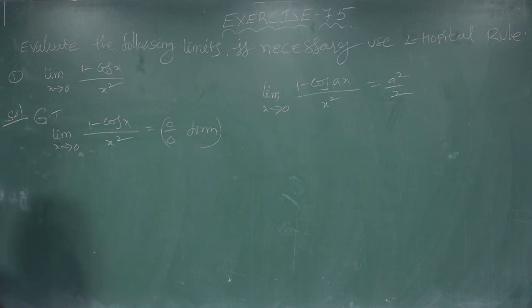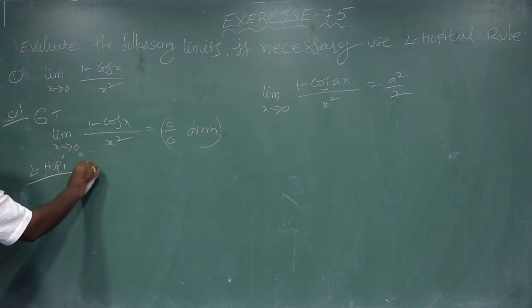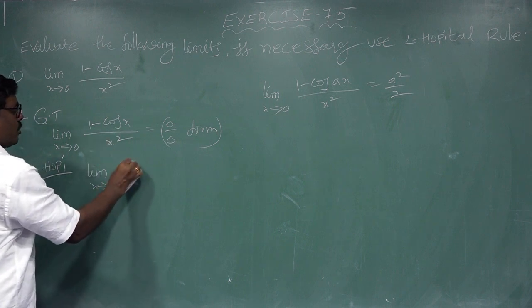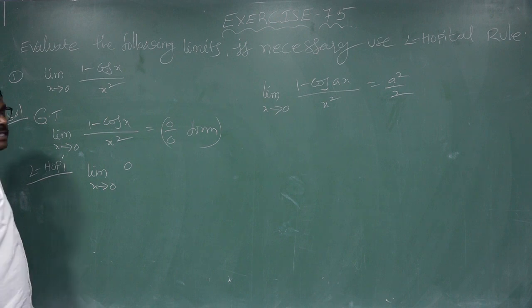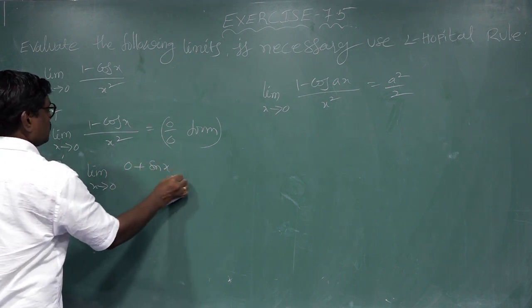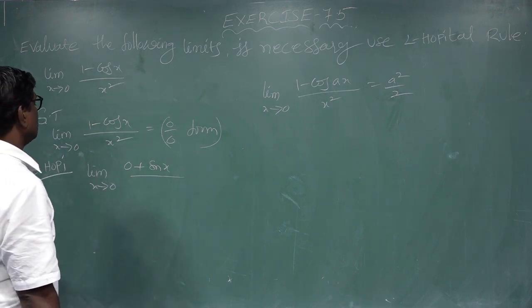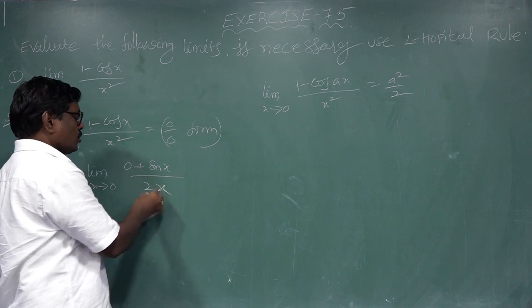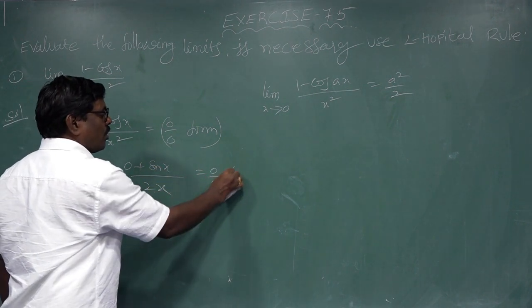L'Hospital rule: limit x tends to 0, derivative of 1 minus cos x is sin x, and derivative of x square is 2x. Again sin 0 is 0 and 2 into 0 is 0, so it is 0 by 0 form.